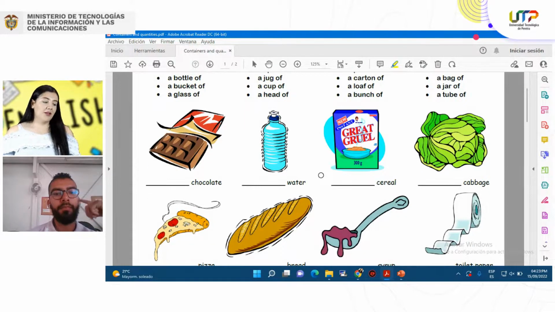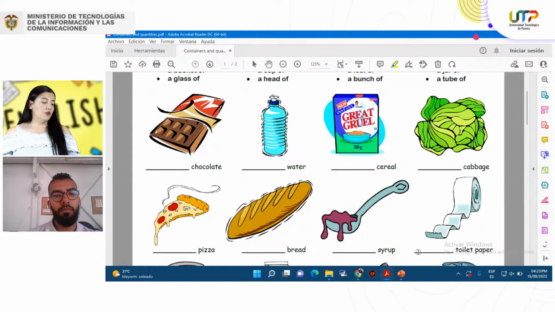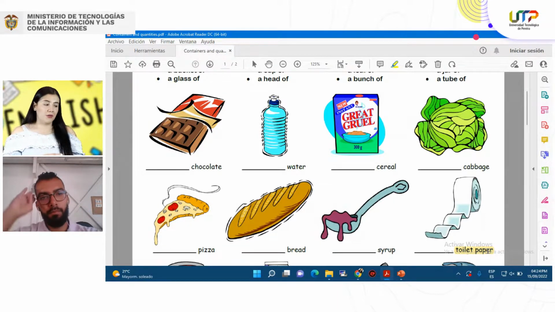Lo más apropiado en este caso para decir un rollo de, a roll of, sería entonces decir a roll of toilet paper, yes, a roll of toilet paper. Entonces yo puedo contar más fácilmente rollos de papel en lugar de decir un papel, dos papeles, tres papeles. Puedo contar rollos de papel. A roll of toilet paper.